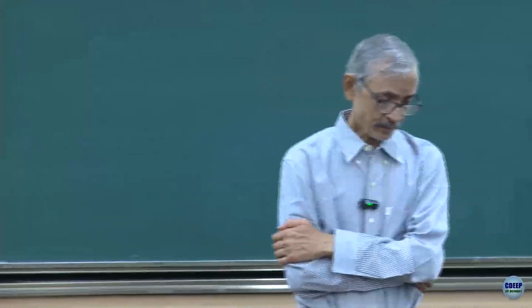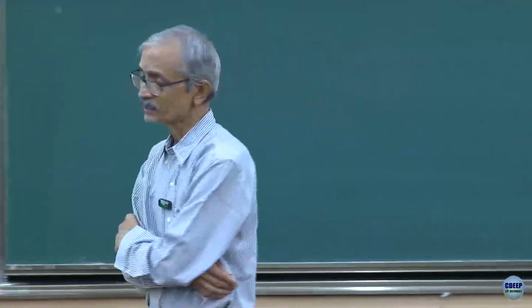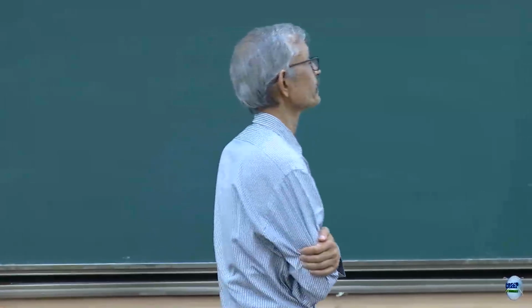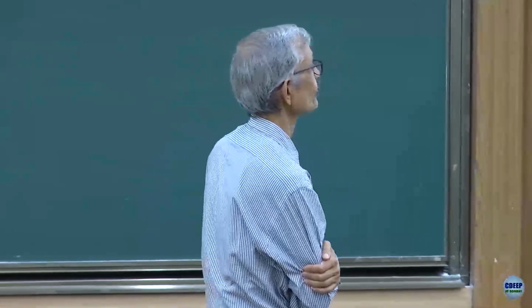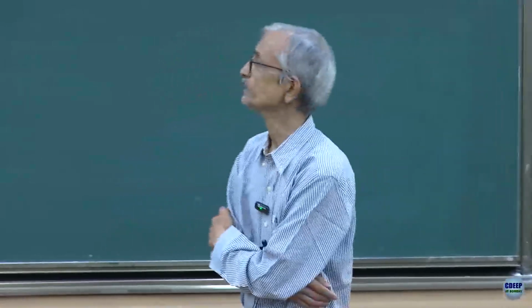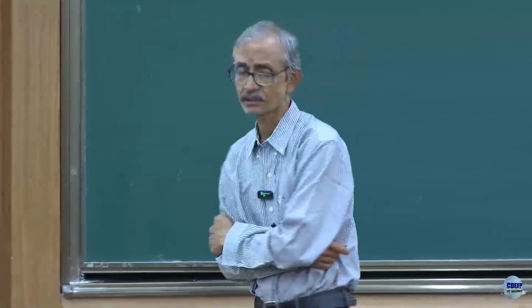I say claim because we have not shown that these are the only functions that are required, but the mathematicians have shown that any 2 pi periodic function can be represented in this particular form.